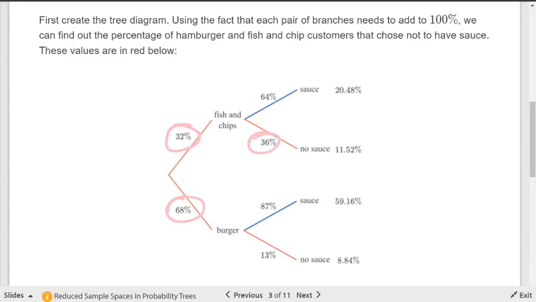If they tell us 36% for sauce, we could get the other one by taking 100% minus 36%, right? To give you the 64%. So if you're missing pieces, always remember that they have to add up. If it's decimals, they have to add up to what? 1. If it's percents, 1 is the same as 100%. Okay? So watch out if they have any missing pieces. They're easy to find. But complete the tree.